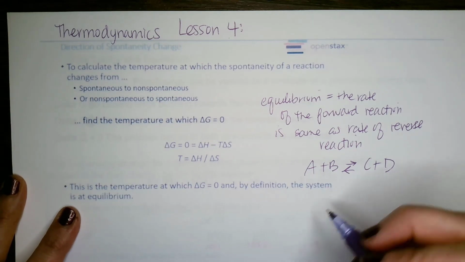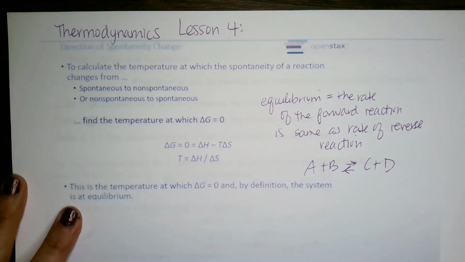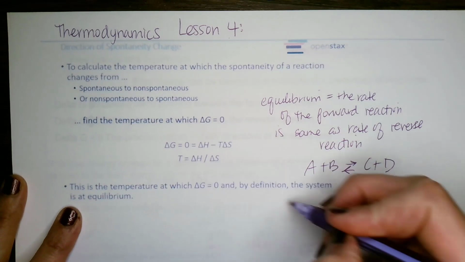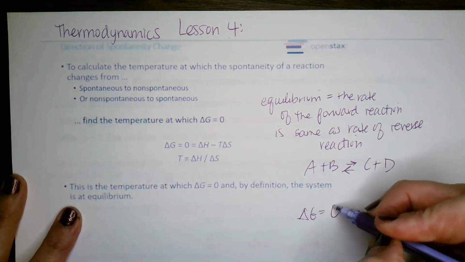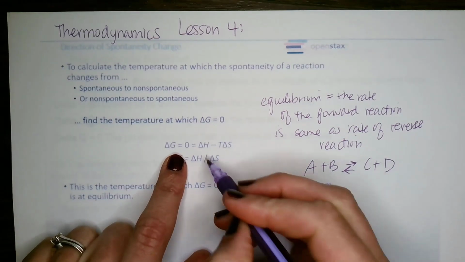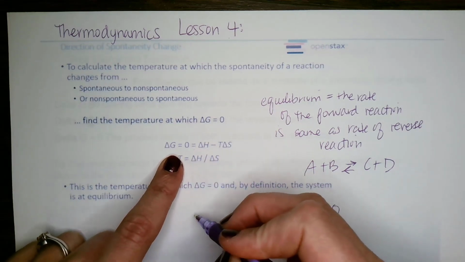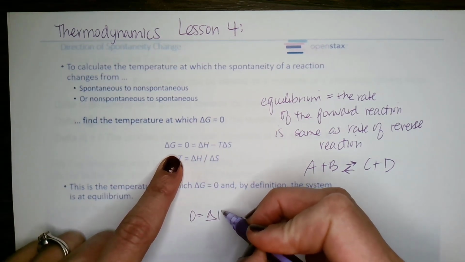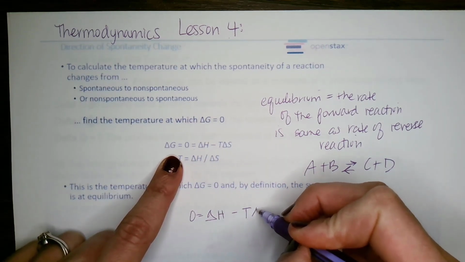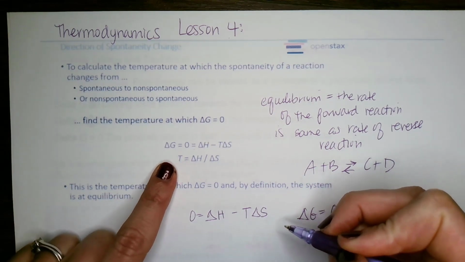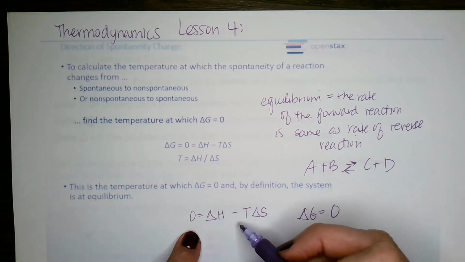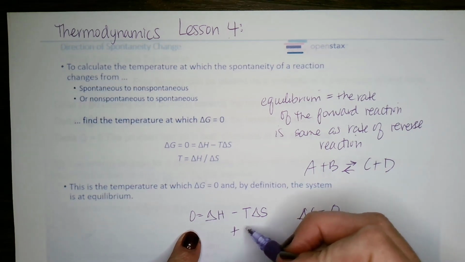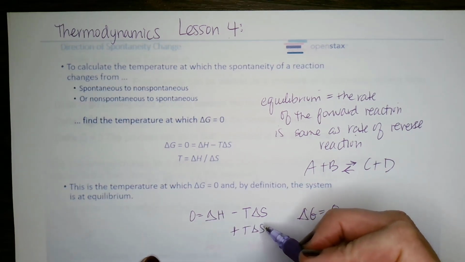We know if delta G is 0, then we can say that 0 is equal to enthalpy minus temperature times entropy. We can then rearrange this equation, so let's add T delta S to both sides.